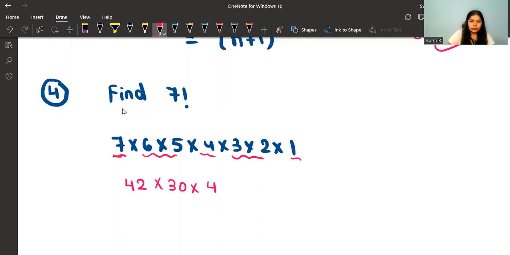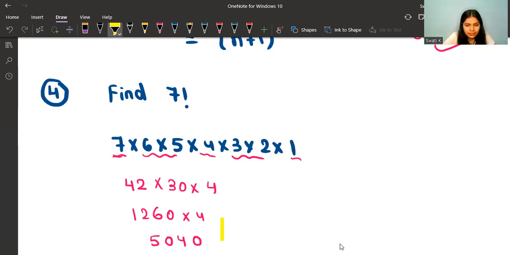So I'll simplify this first. 42 times 30, it is 1260, times 4. Here I'll simplify this, so it will become simply 4 and then 0 and then of course 5 and then 0. So what is the answer I'm getting? I'm getting the answer 5040, and that's the answer.